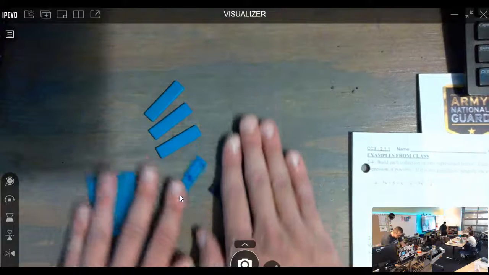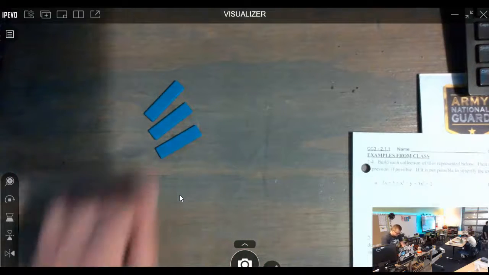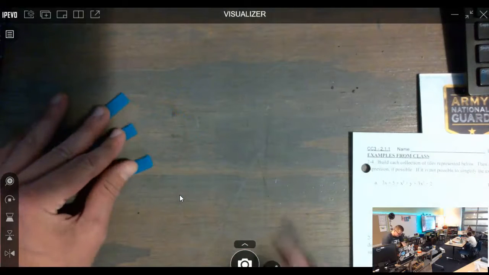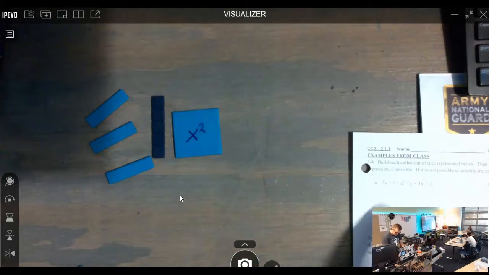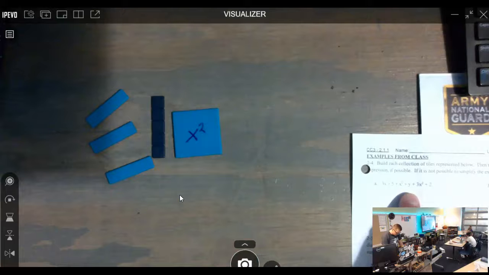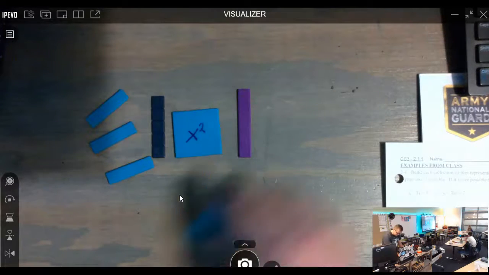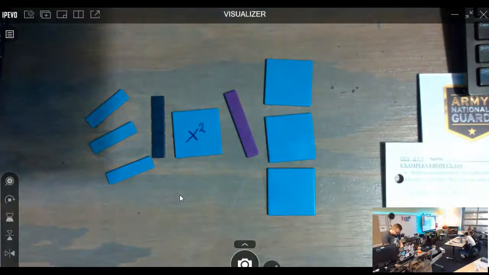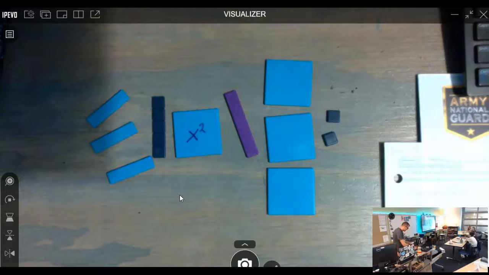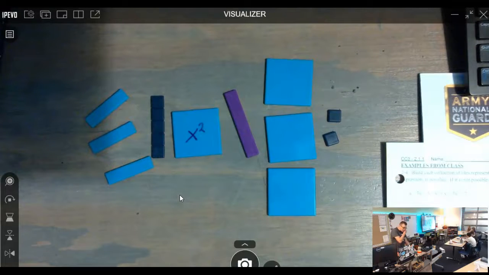So if I got 3 x's and a 5 and x squared and y and 3x squareds and 2. We have not used enough random cards today. Leah, what could we do to make this easier?